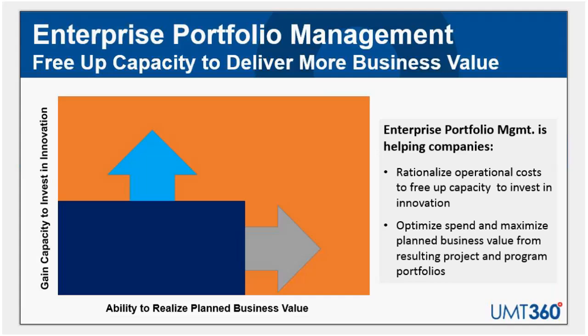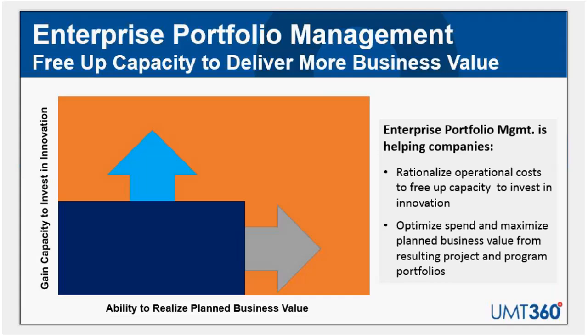Also, it goes hand in hand with the ability to realize the business plan value. So regardless of whether you're running a project or managing a set of IT services within your organization or an application, you need to be able to maximize the return on investment, the benefits that that investment will bring to you.